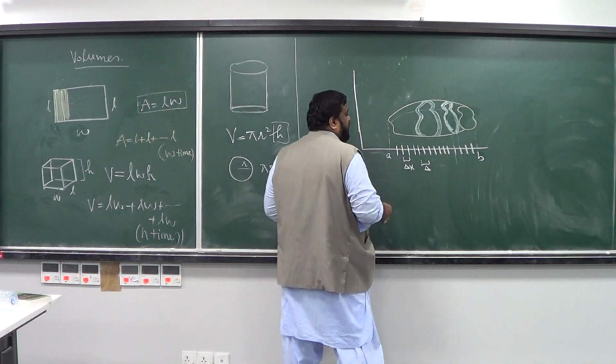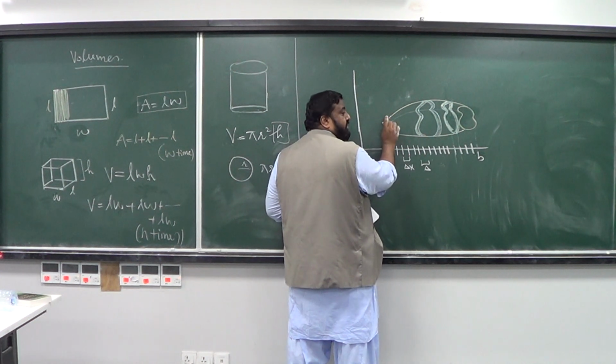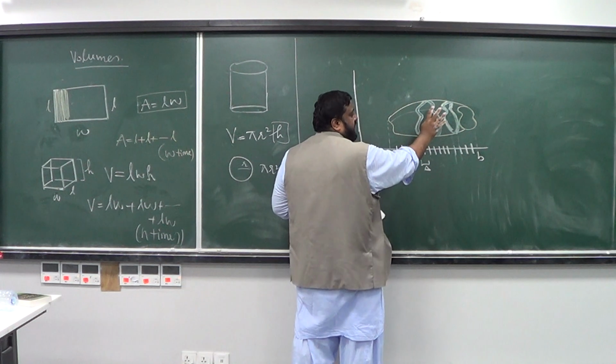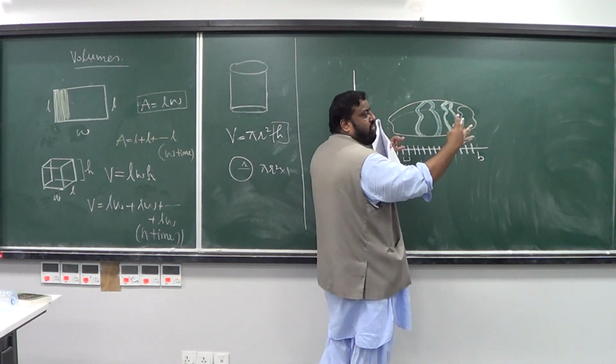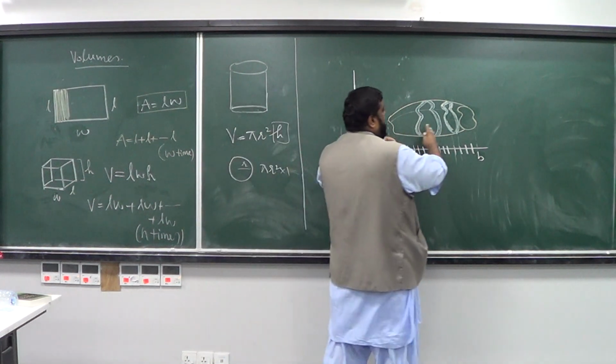So to each subinterval I'm going to get a slice, a loaf of, for example, this bread, and if you put all these loaves of bread together, you're going to get the entire bread.